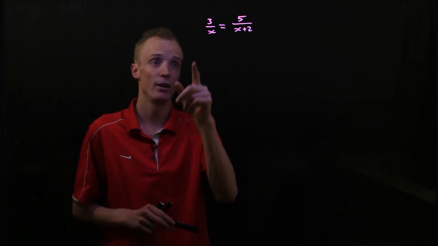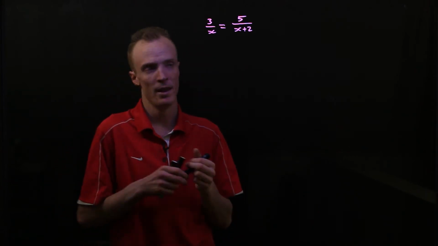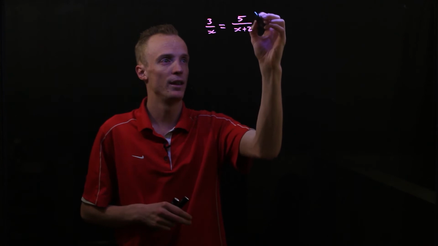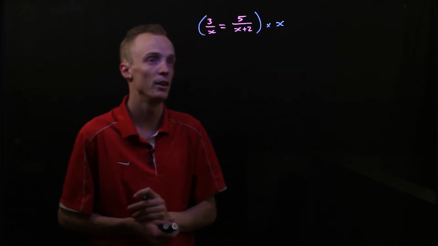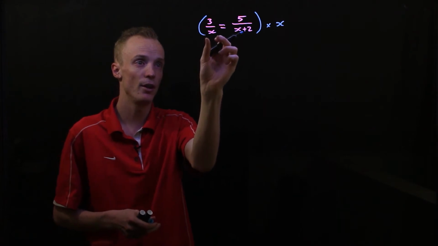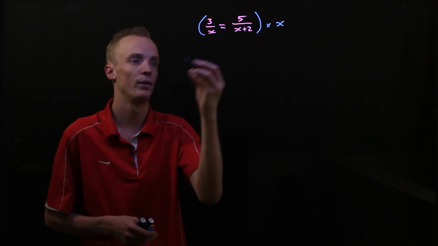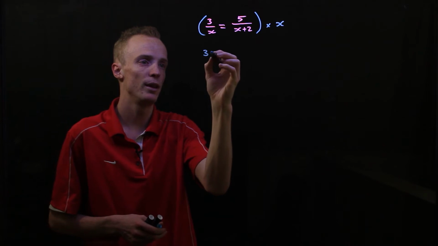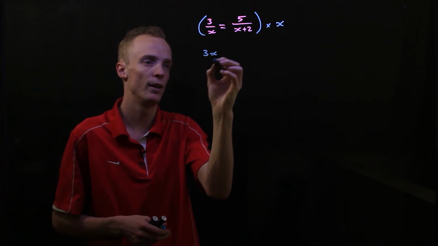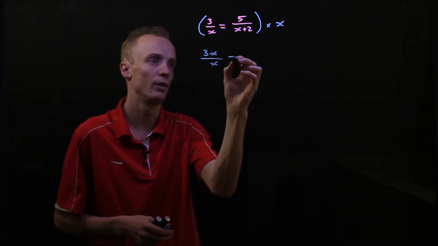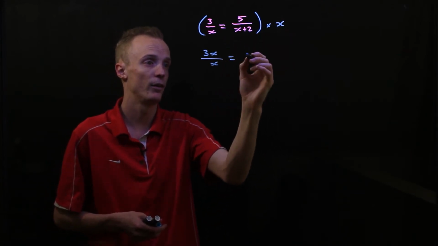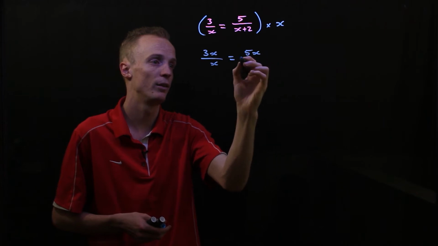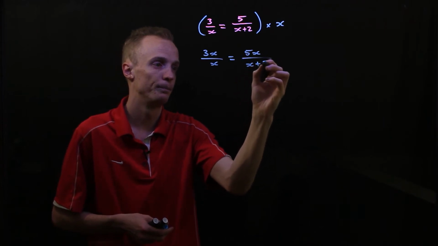So the first thing is I'm going to get rid of this x denominator. And to do that, I'm going to multiply the entire equation by x. So when I do that, that's going to be 3 over x multiplied by x. So that'll be equal to 3 times my x, which is just 3x, over x. And on the right hand side, I'm going to have 5 multiplied by my x, so 5x, over x plus 2.